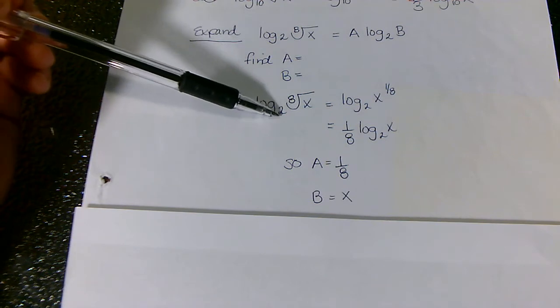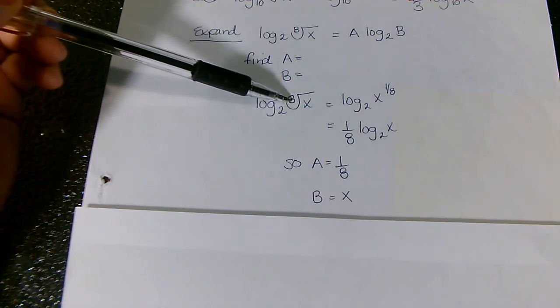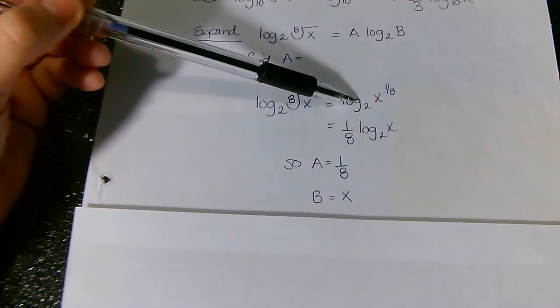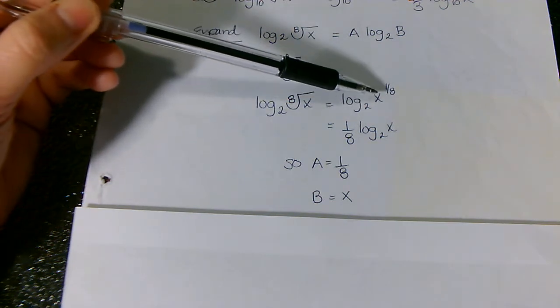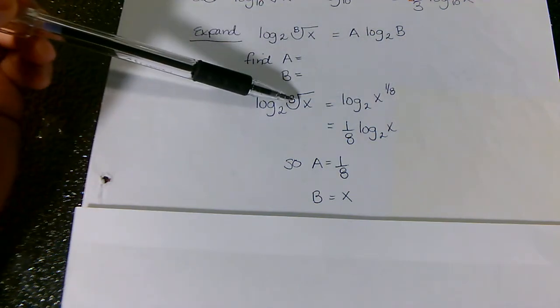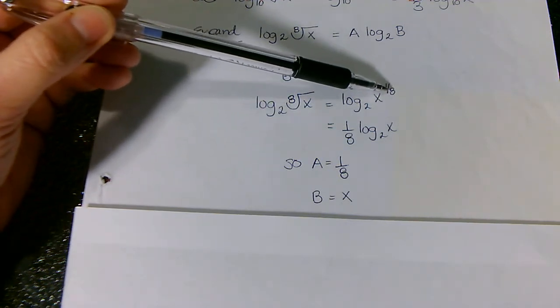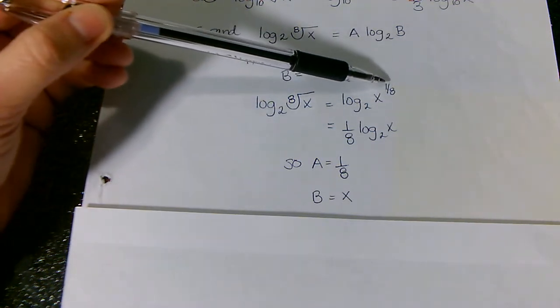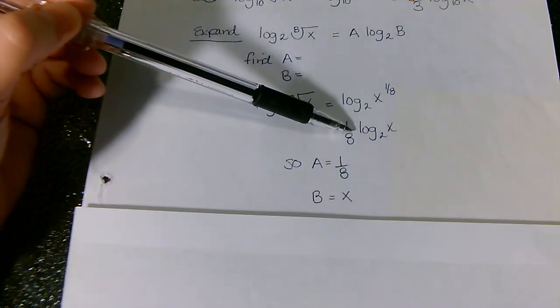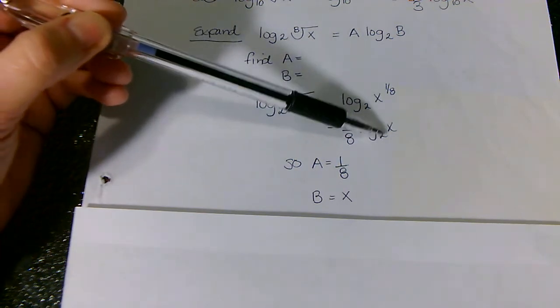So log base 2 of the 8th root of x. That's the same as saying log base 2 of x to the 1/8, because we used our property before that allows you to turn that into an exponent. Then I use my power property, bring that out in the front, 1/8 log base 2 of x.